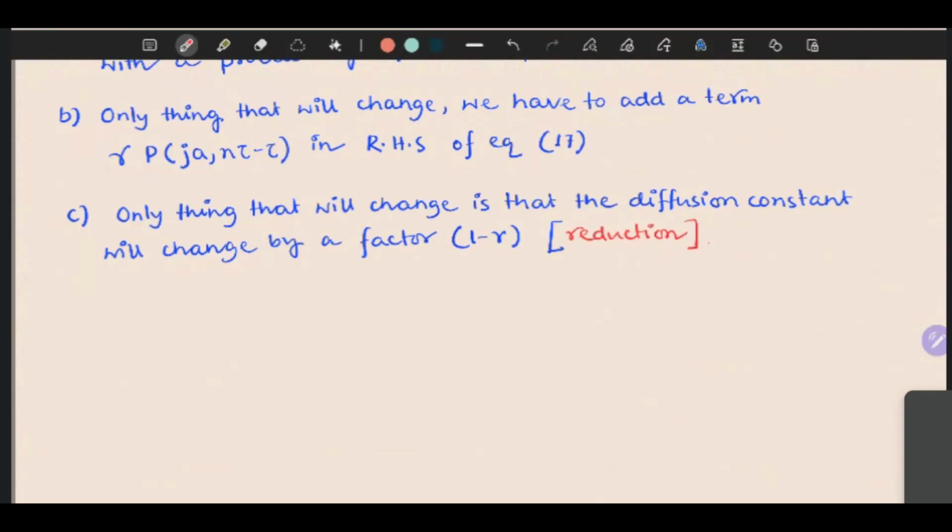So let's continue our discussions for a more generalized thing. We'll now focus on stochastic processes.